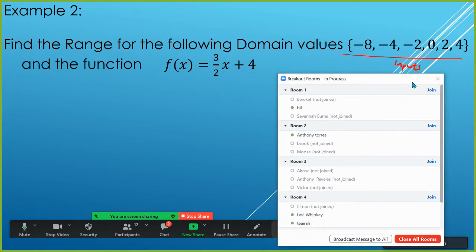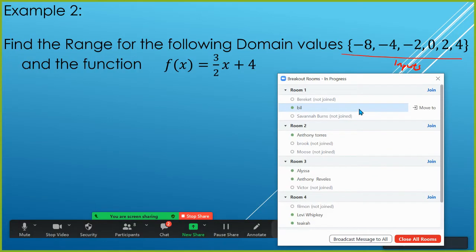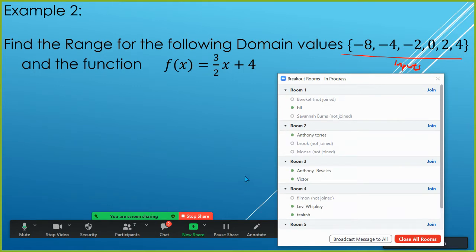I'll come around and give you any sort of reminders or hints that I can, okay? All right, just a reminder, everyone should copy down the problem, or at least the function and the domain, and then take that with you to your breakout room. Start solving it with your partners.